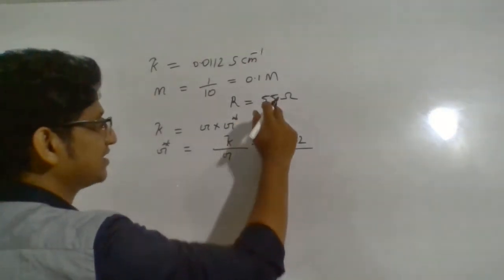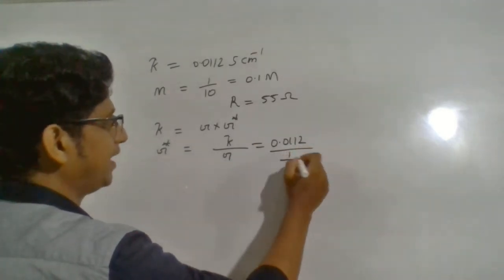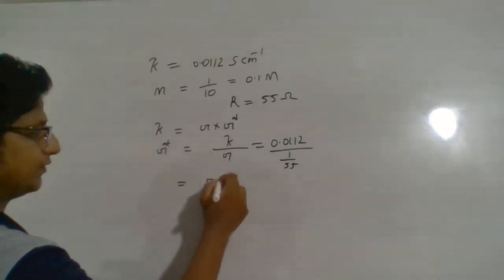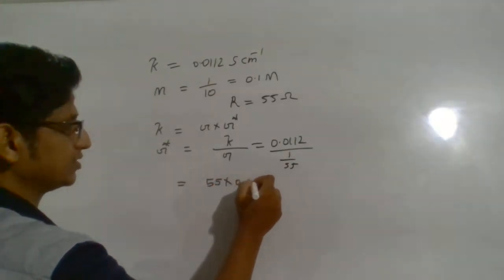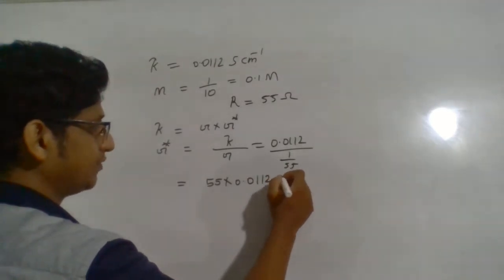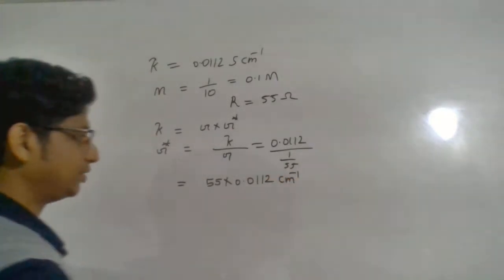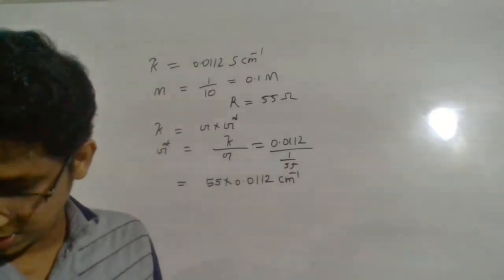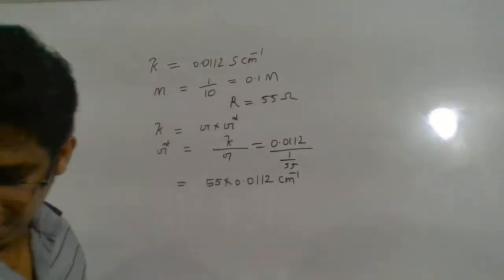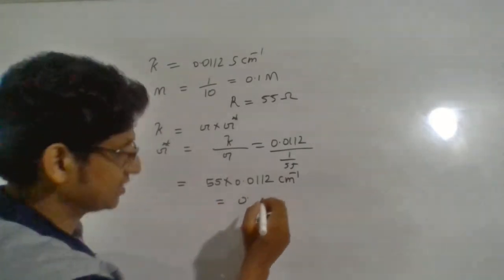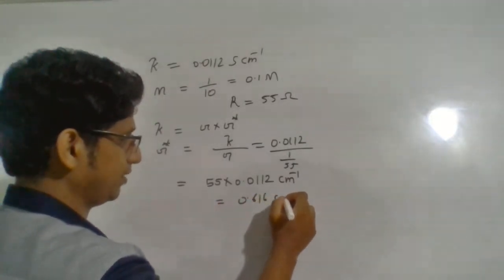Instead of conductance, resistance is given, so 1 by 55, right? So cell constant will be 55 into 0.0112. The unit will be centimeter inverse, because cell constant has the unit centimeter inverse. So the final answer is 0.616 centimeter inverse.